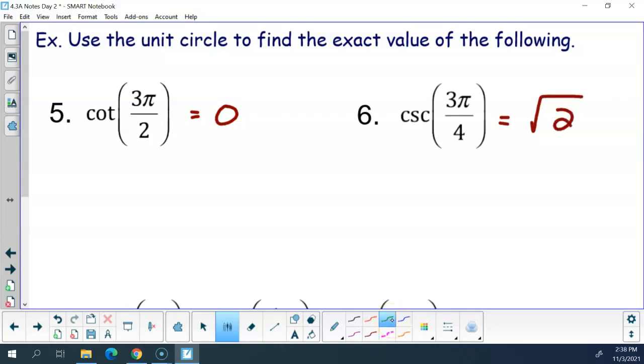Alright, so let's talk about this one. It's 1 over the sine at 3 pi over 4. The sine at 3 pi over 4 is the square root of 2 over 2. Keep, change, flip. If you're sitting at the horseshoe table, you should have gotten this one right off the start.